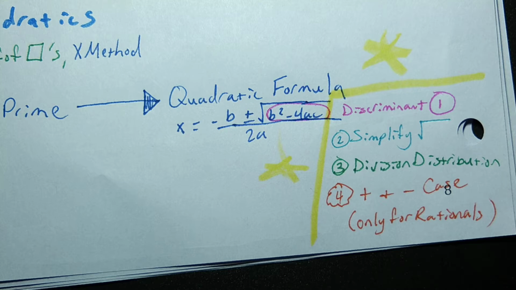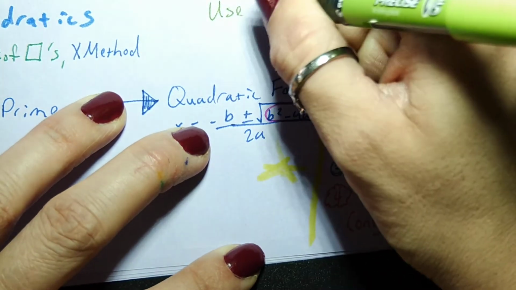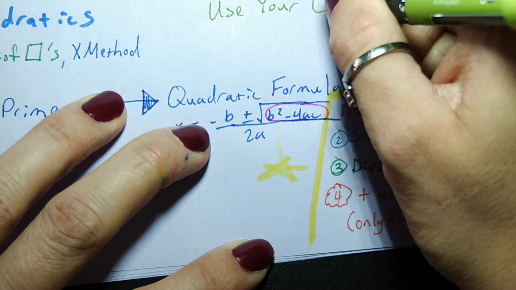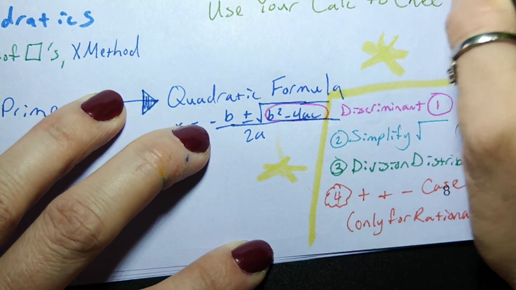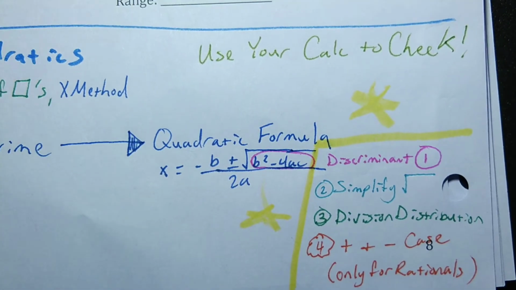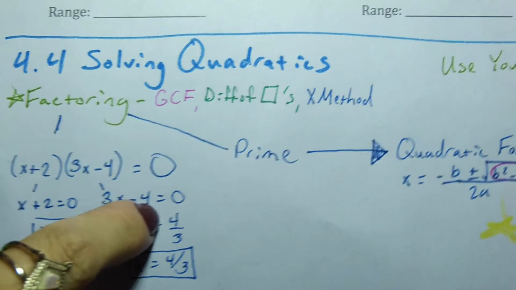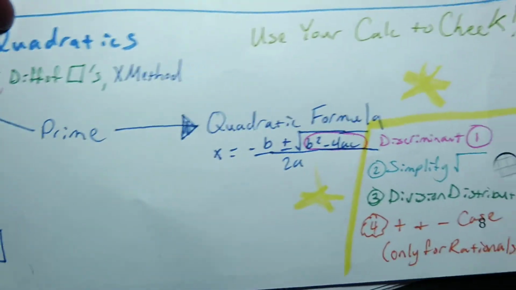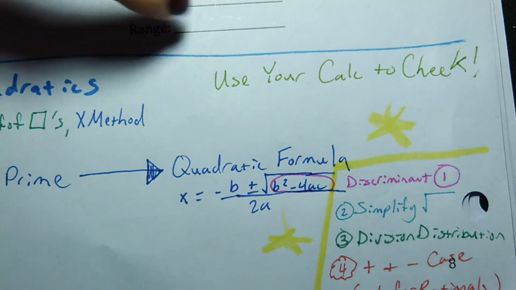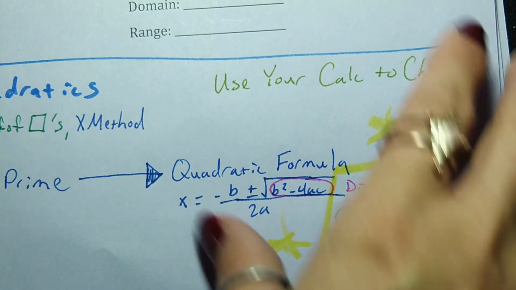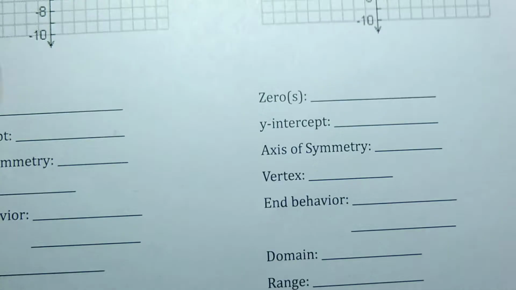Don't forget though, you can use your calculator to check, but only to check. You have to be able to show the quadratic formula work, or you have to be able to show your factoring work. If you just say my solutions are 4 and 5, that is not showing me that you know how to solve by factoring. But you can use your calculator as a tool for helping you.